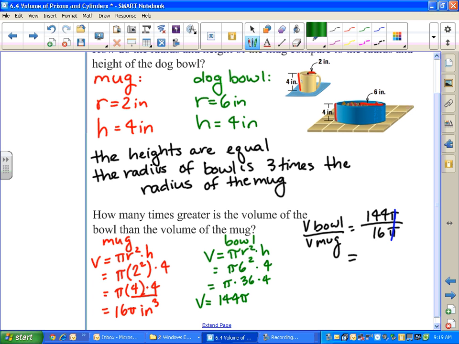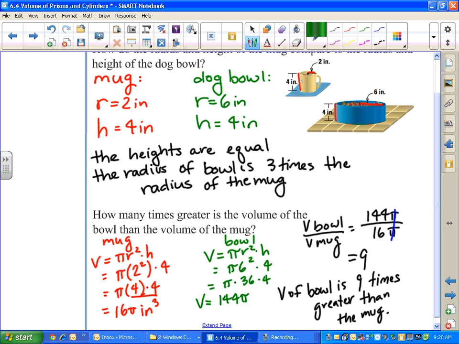And then 144 divided by 16 is actually 9. So that means the volume of the bowl is 9 times greater. So even though my radius was 3 times greater, the volume ended up being 9 times greater than the mug.